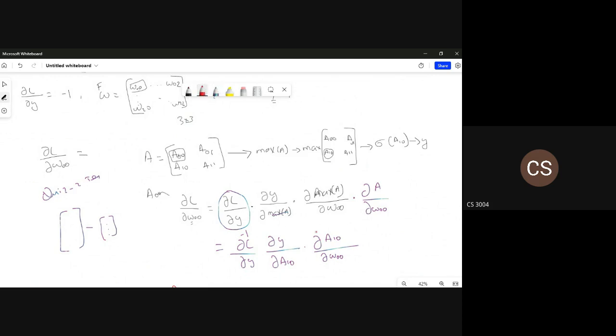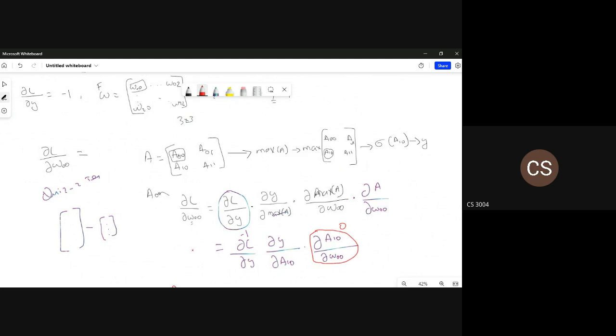This is always going to be my input, so all the elements are going to be from the input matrix A. From the computation perspective, you need not compute the rest, because all are product terms. Since this is 0, everything is going to be 0. So my gradient for W00 is going to be 0.